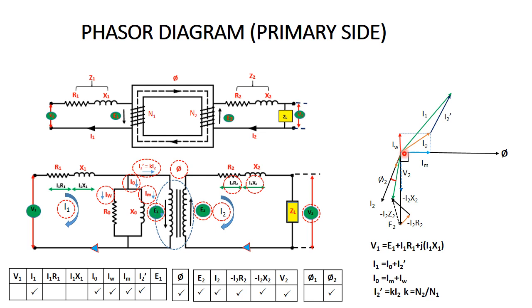Next one is E1, which is in the opposite direction with the same magnitude, so it's minus E1. I1 R1, which is in phase with I1, can be shown in parallel. I1 X1 is at 90 degrees with I1 R1. The resultant of these two is I1 Z1.